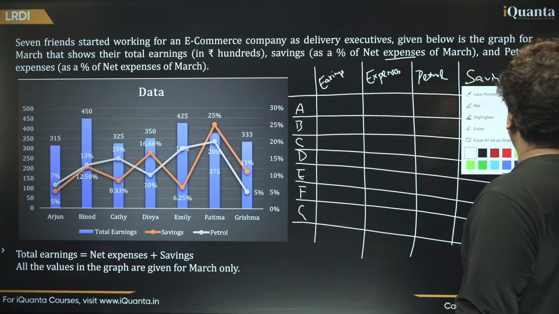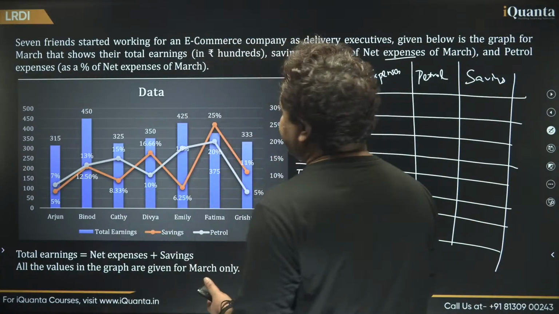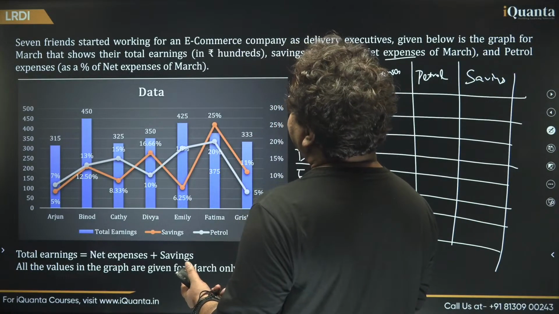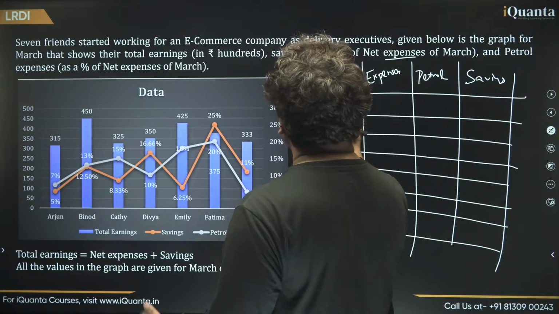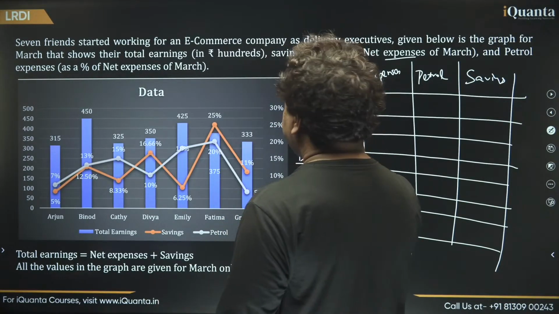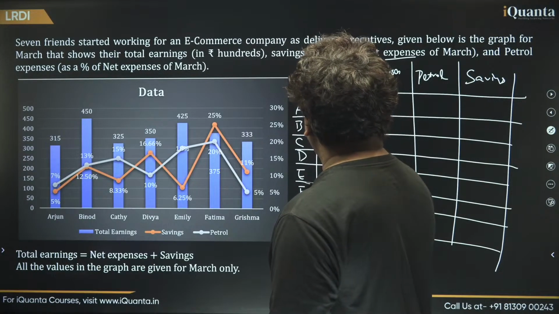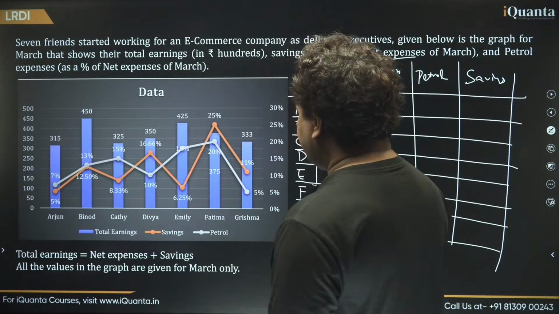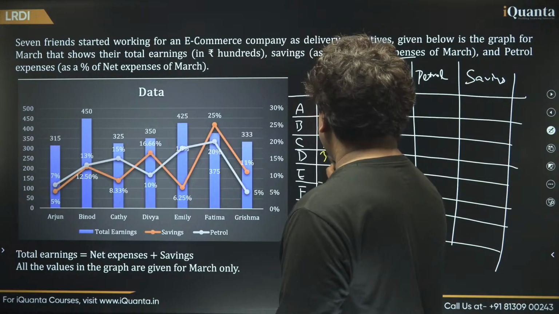Okay, one by one. So, earnings are given to us already. 315, and it's in hundreds. I'll put a 00 here. Then we have for Vinod, it is 450, 00 in hundreds. Then we have 325, then 00, 350, 00.